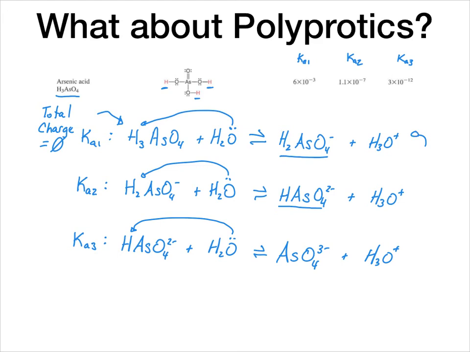And on the product side, our total charge is equal to 0 because +1 plus -1 is 0. If you write out one of these reactions and your charges do not match on either side of the reaction arrow, you have a problem. So you should make sure to be checking that as you are checking that these reactions are balanced. But the important part to remember here is that for each of these Kas, it is talking about transferring 1 proton at a time.